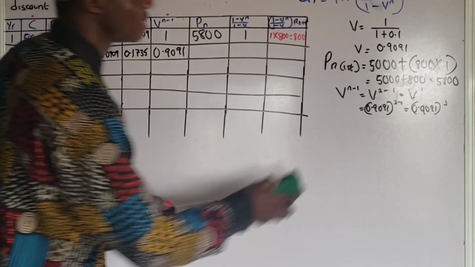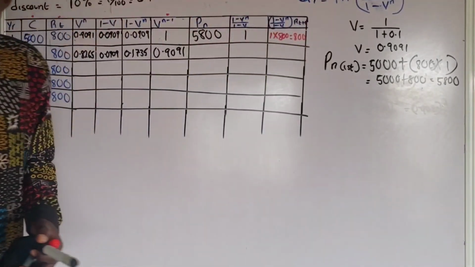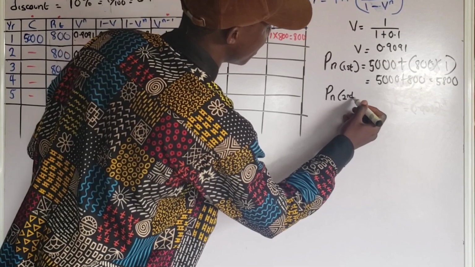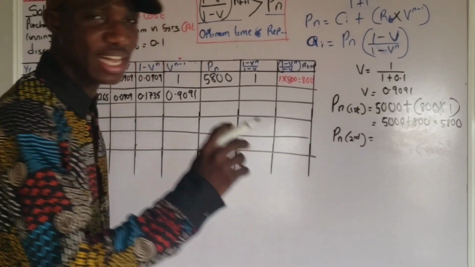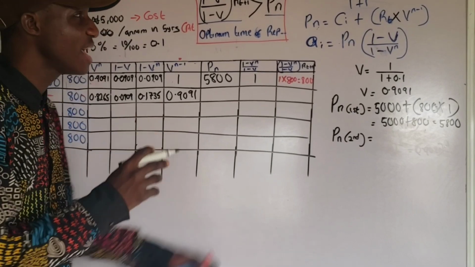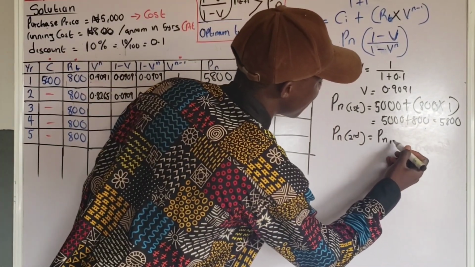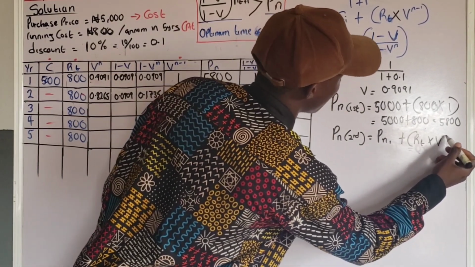Okay? Now, let us determine the Pn for year 2. Don't forget that Pn simply means the present value of the total cost. Please kindly pay attention. The Pn for the second year will be the Pn of the first year plus RT multiplied by v raised to the power of n minus 1.